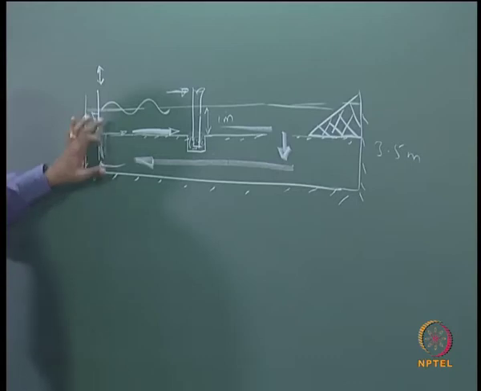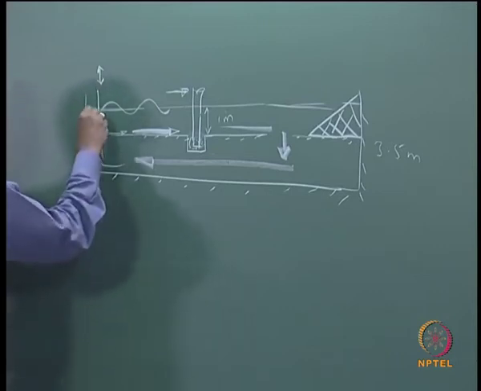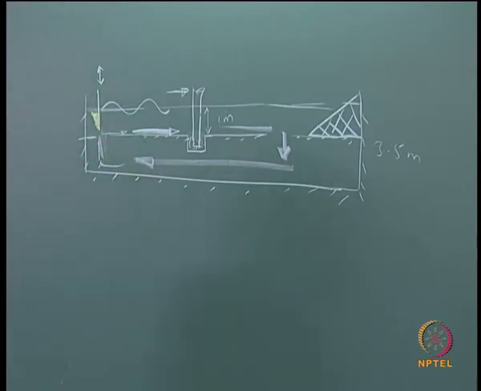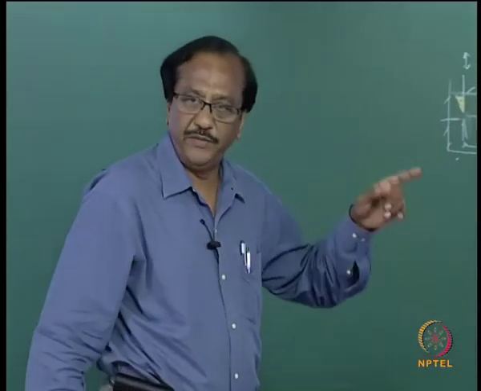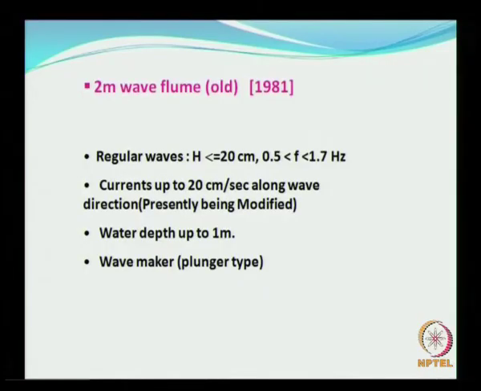But initially we had the limitation that your wave maker is fixed, in the sense the frequency of the wave that can be generated is fixed because of the characteristics of the plunger.